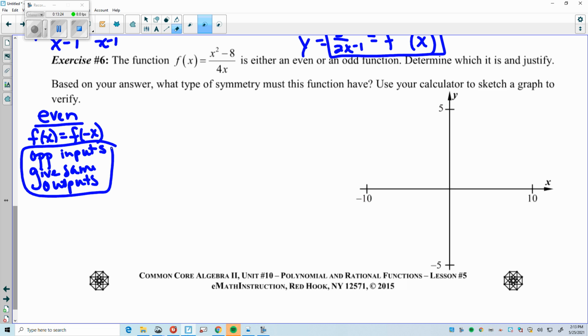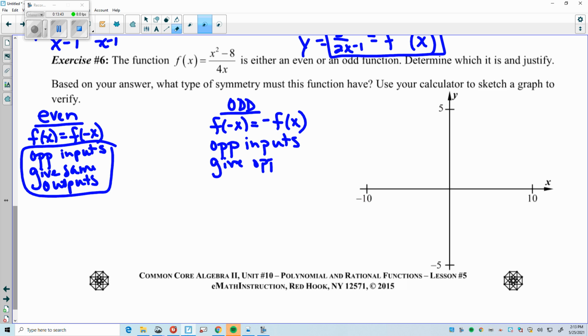Okay. If we have an odd function, here's our notation for odd function. Verbally, what this is saying is our opposite inputs give opposite outputs.